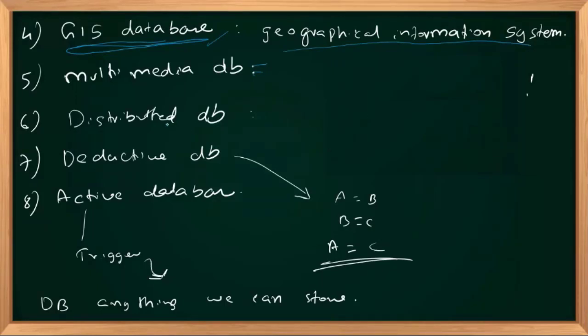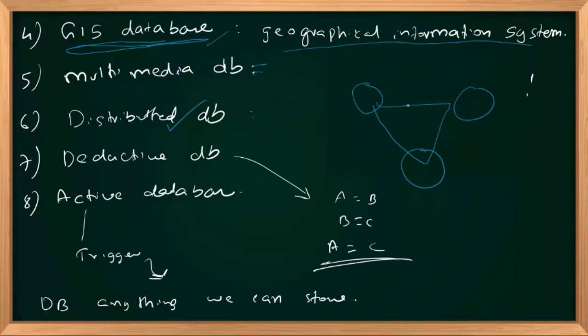Sixth one is distributed database. What is distributed data? For example, in Indian railway, the information is distributed in different zones. We know that there are Hyderabad zone, Chennai zone, Bangalore zone. There are three different zones connected in a distributed manner.